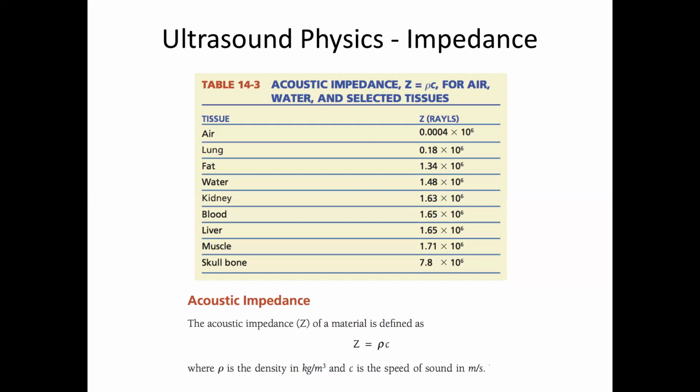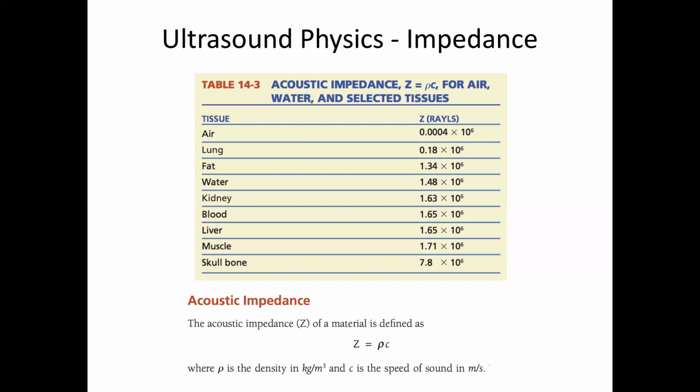We're going to have all these different interfaces of tissue that have different impedances, and each time our wave hits an interface, some gets reflected back and some keeps going. And it's good that some keeps going because we want to see the interfaces beyond that too, right?